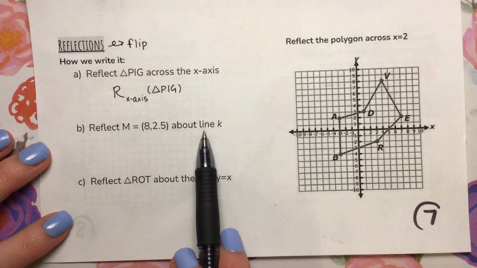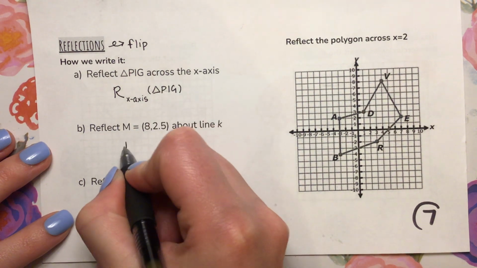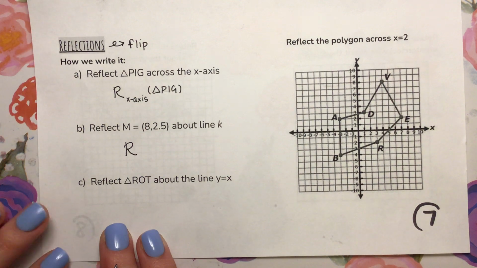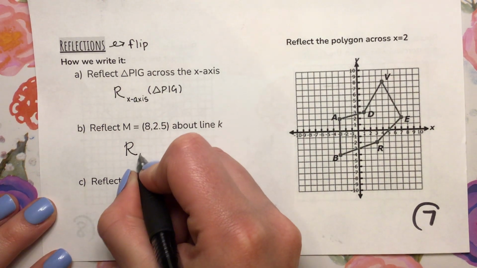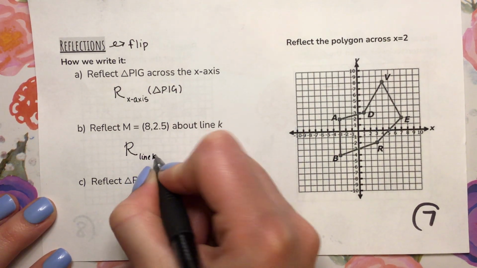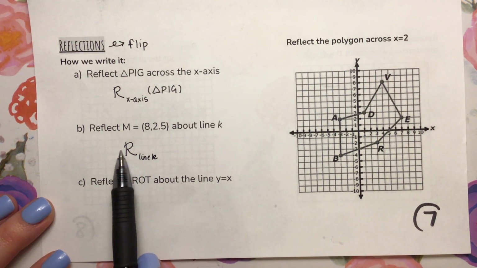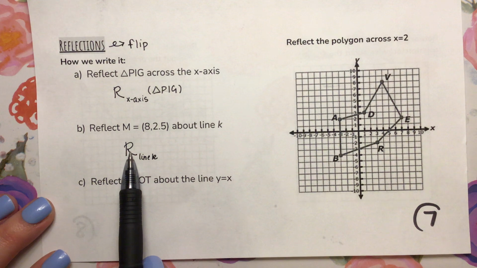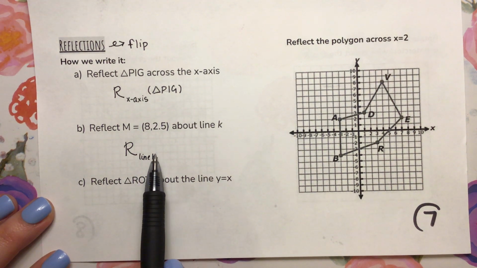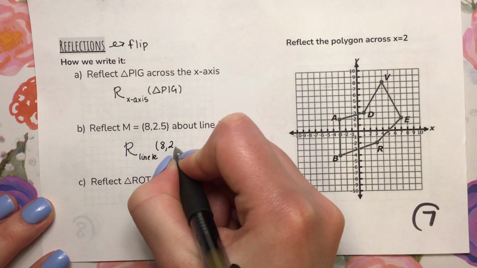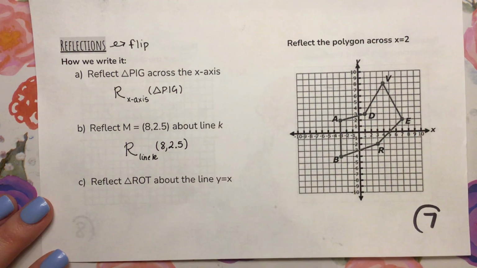All we know is that it is line K, so we're going to have an R for reflect. What are we reflecting it across? We're reflecting it across line K. But what are we reflecting across line K? So far this says reflect across line K, but what? We are going to reflect the point 8, 2.5.